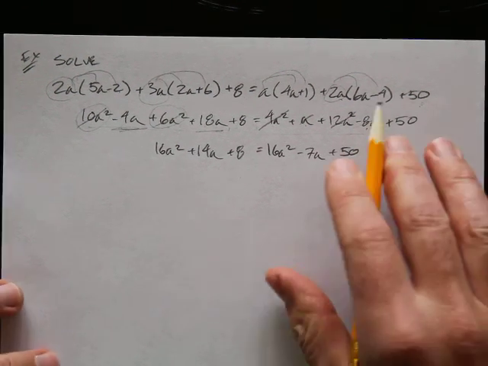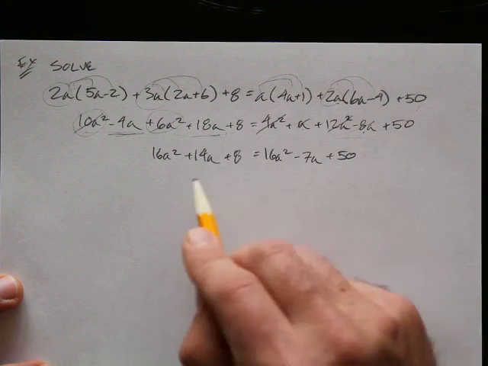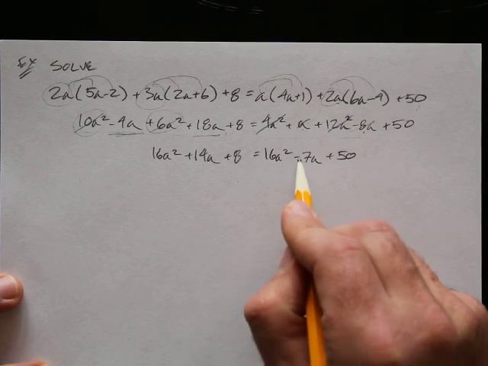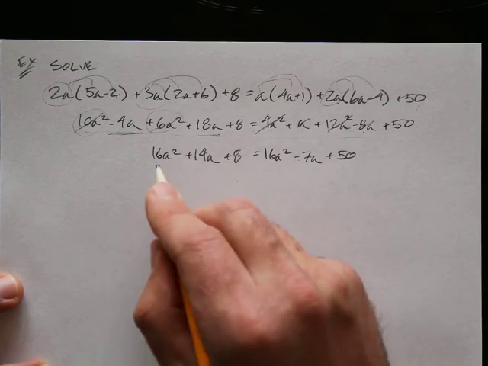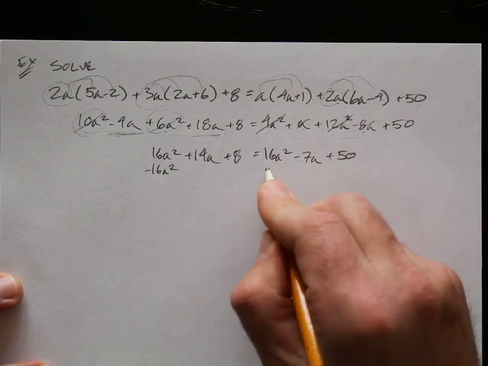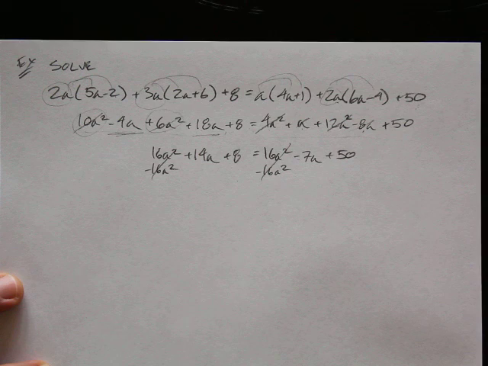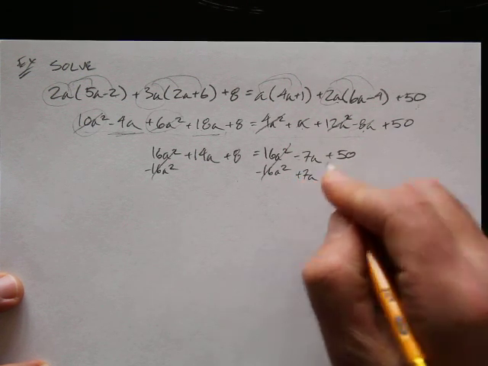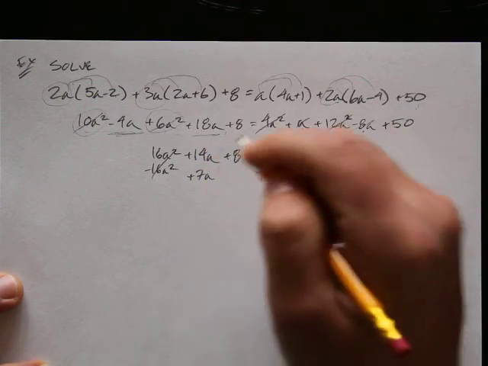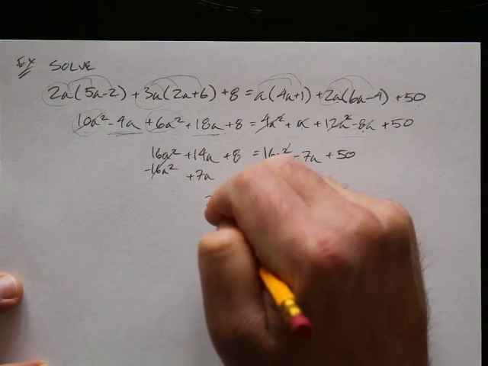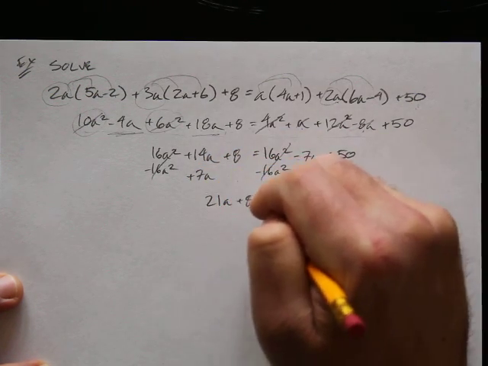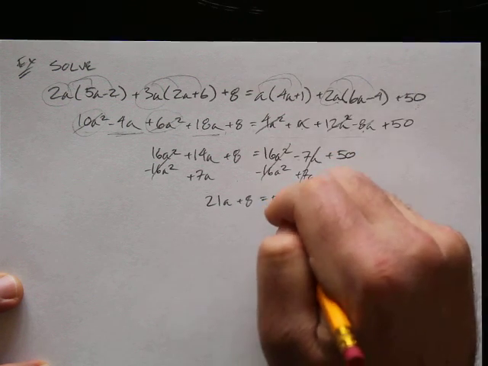Okay, now I'm going to subtract things. What I add and what I do to one side, I do to the other. So I'm going to subtract 16a squared from both sides. And those 16a squareds just go away. Oh, that's cool. All right, now I'm going to add 7a to both sides. So now I have 21a plus 8 equals 50.